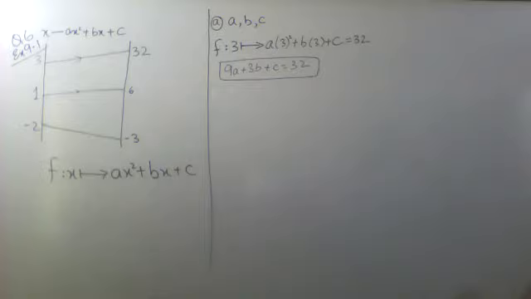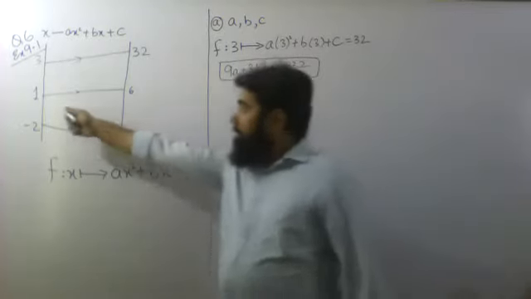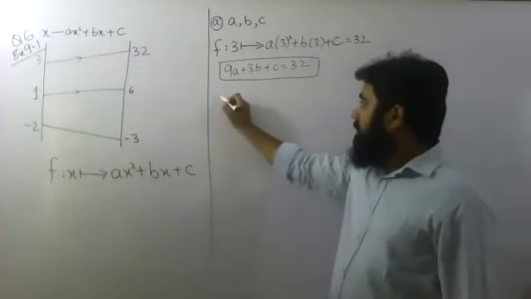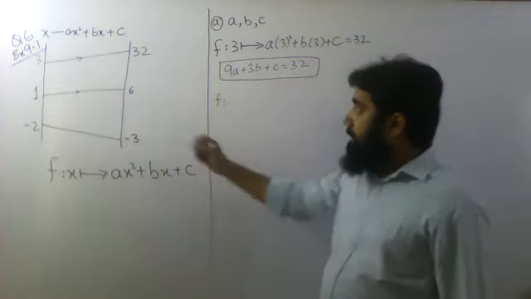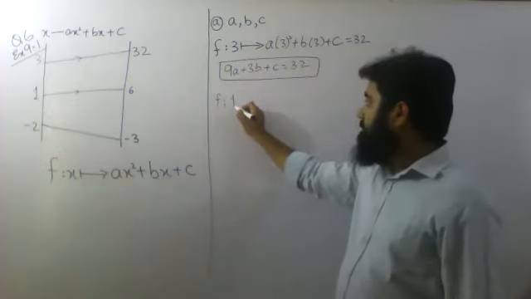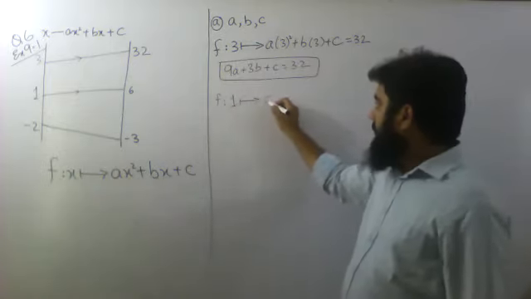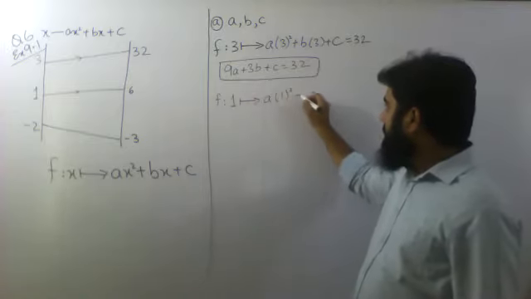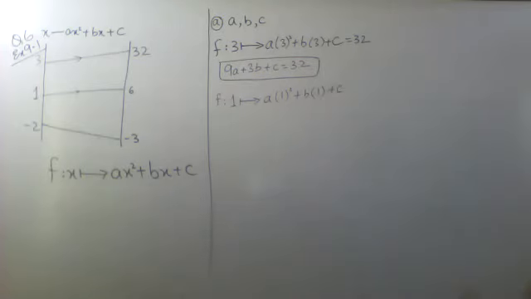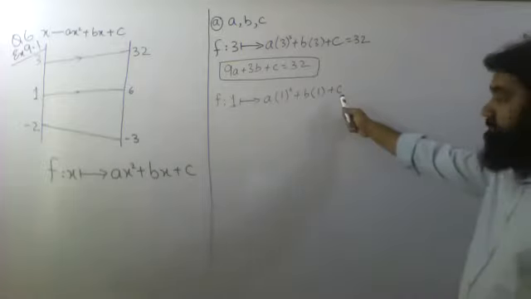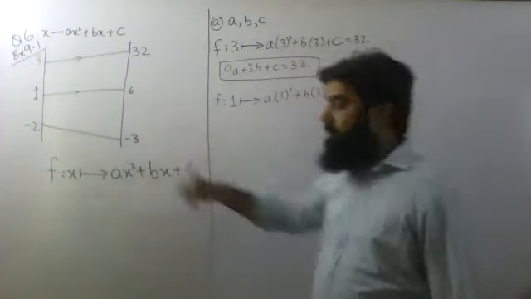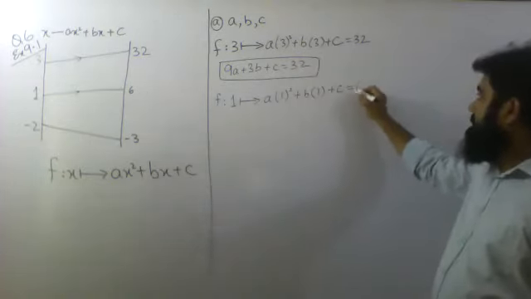Now, I'm going to do the same thing with this set, 1 and 6. So f of 1, all the x are now going to be replaced by 1. a 1 squared plus b 1 plus c. When I have replaced all x by 1, the result is coming 6.